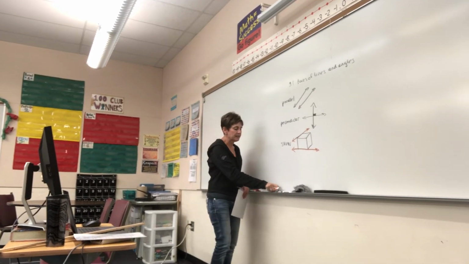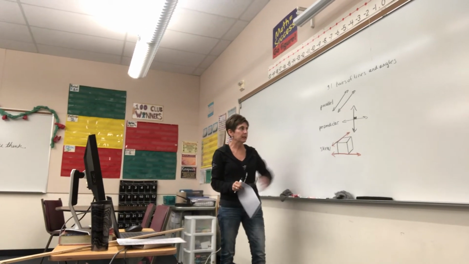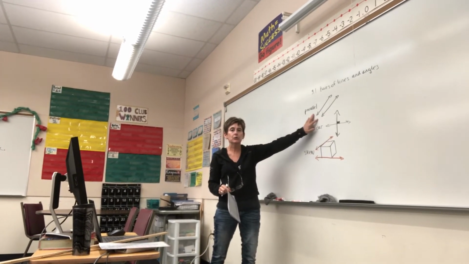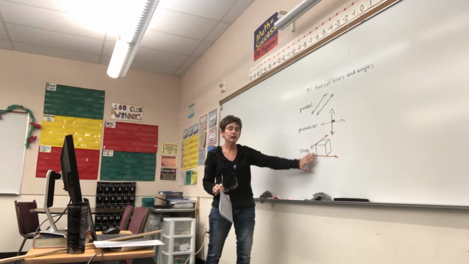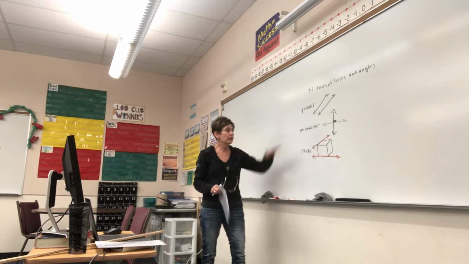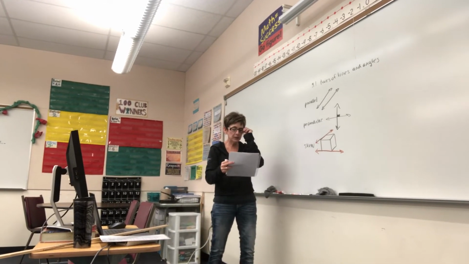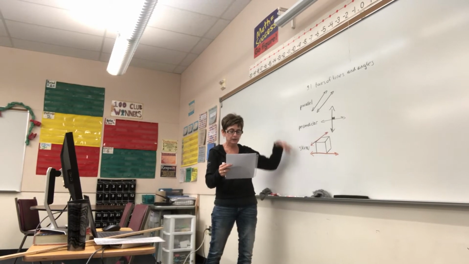So they're not in the same plane. So we call that skew. If they are in the same plane, like these two lines, and they don't touch, we call them parallel. If they don't touch and they're not on the same plane, we call them skew. So those are the 3 basic types of relationships between lines that we've kind of looked at so far.